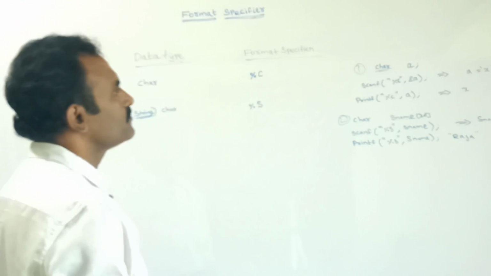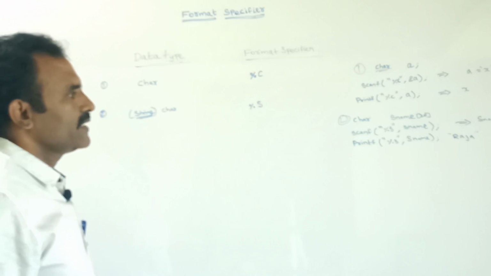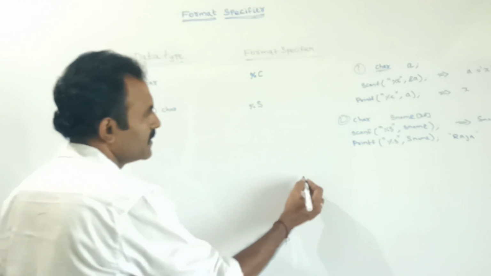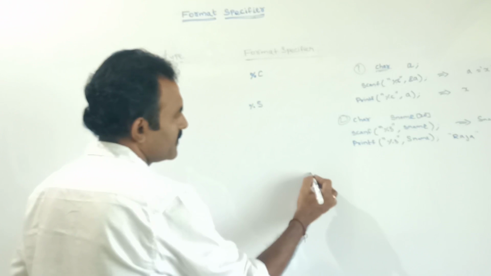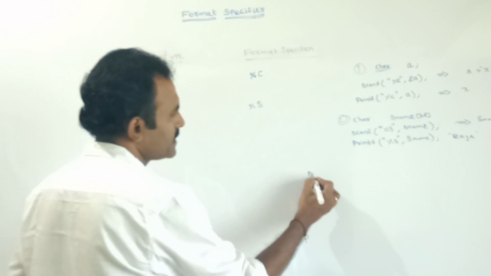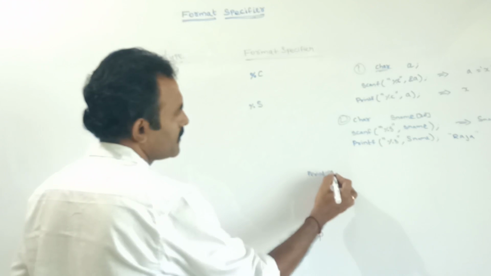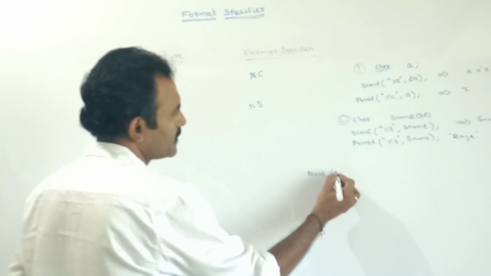Here are three points we should remember. First, in a format specifier we can use the period symbol, the dot symbol.